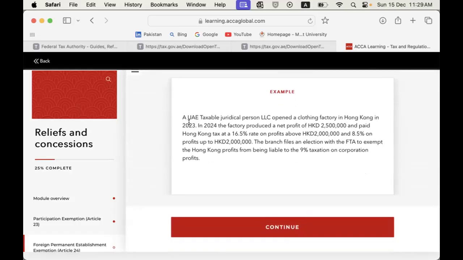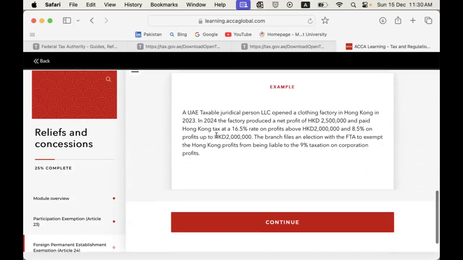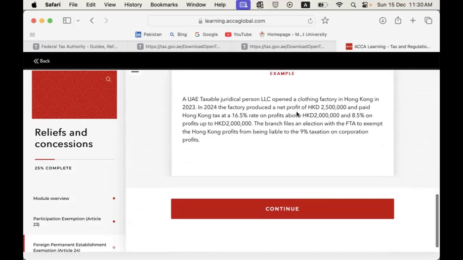Yes. A UAE taxable juridical person LLC opens a clothing factory in Hong Kong in 2023. In 2024, the factory produced a net profit of 2.5 million Hong Kong dollars and paid Hong Kong tax at 16.5% on the profits above 2 million Hong Kong dollars and 8.5% on profits up to 2 million Hong Kong dollars.